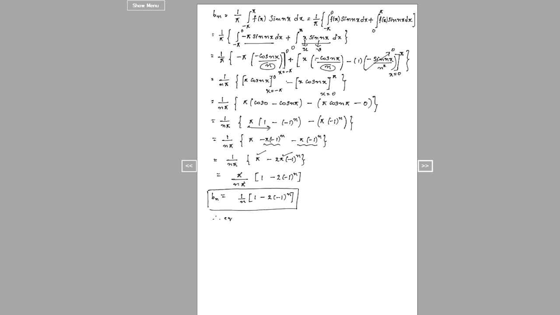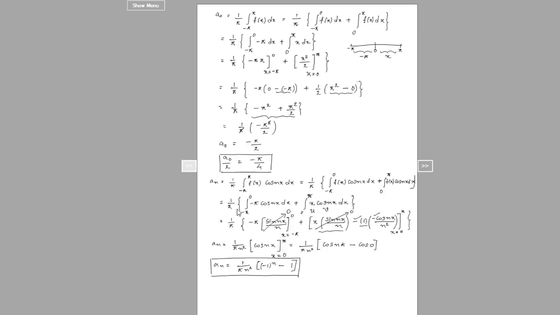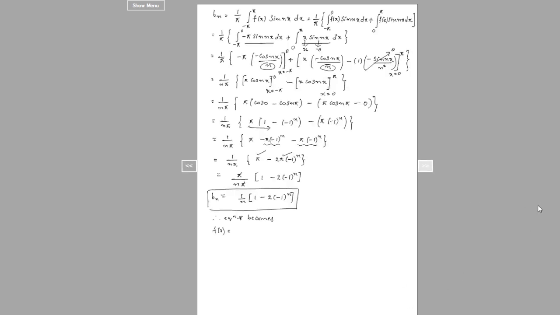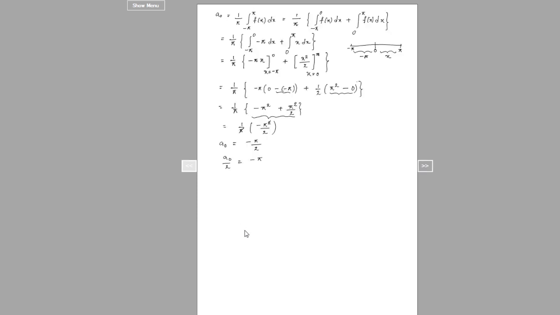Therefore, equation star becomes f of x equal to a naught by 2. A naught by 2 is minus pi by 4, so substitute the value of a naught by 2. It is minus pi by 4 plus summation n equal to 1 to infinity. You can look at the an value.